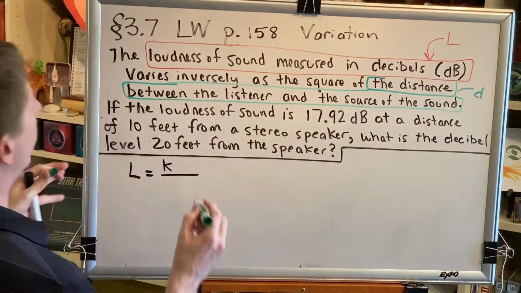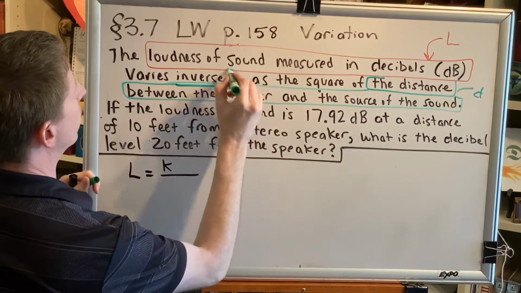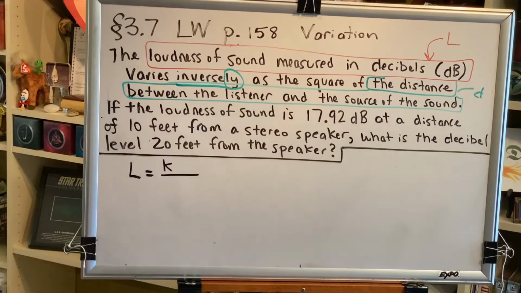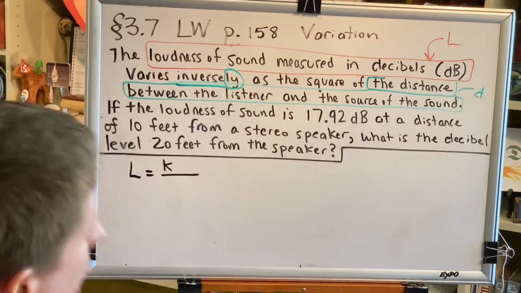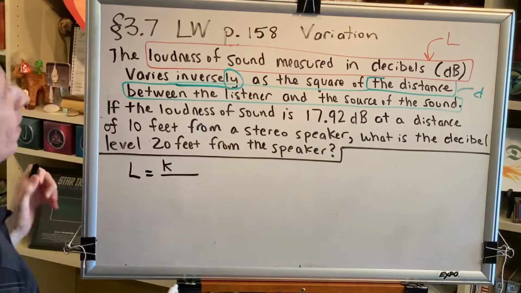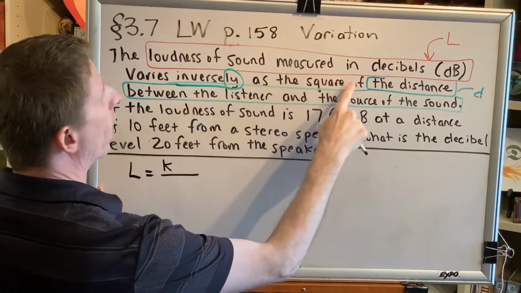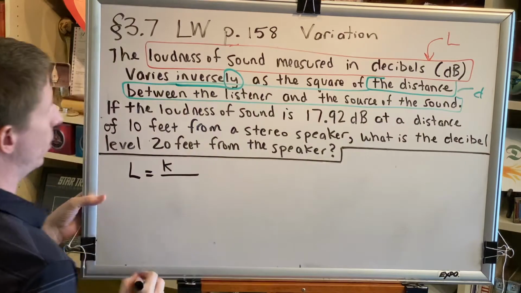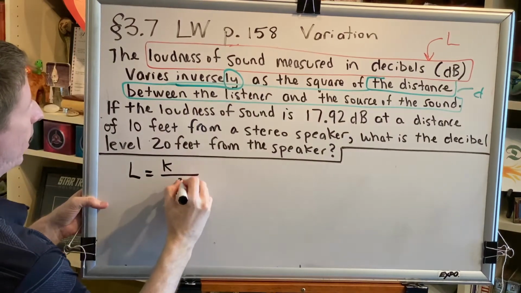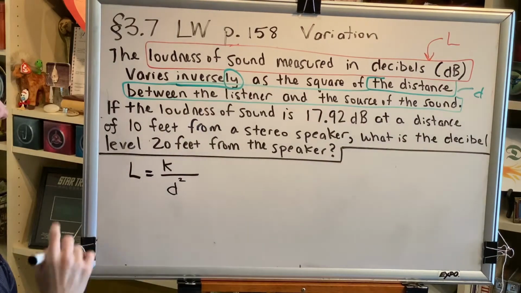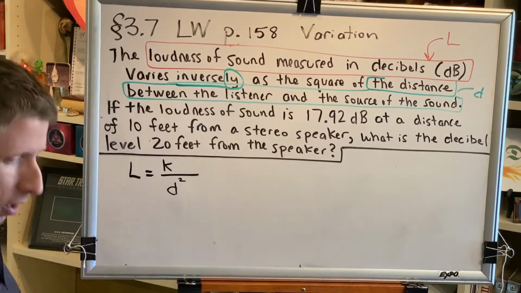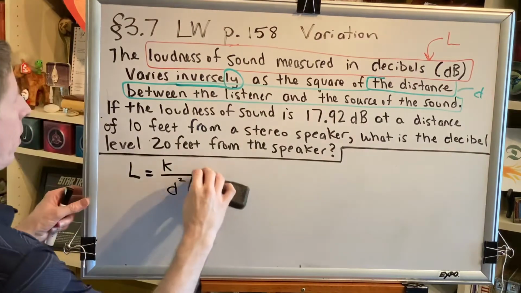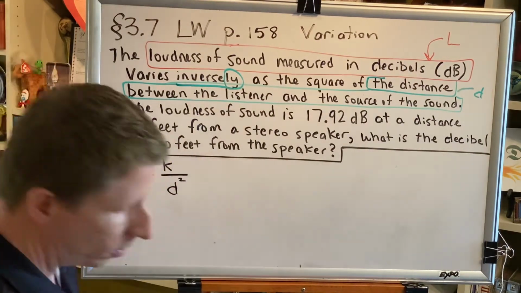Well, the ly word in this problem is inversely. Inversely means the stuff is going to go in the denominator, and the stuff is the square of D. So we put D to the second power, or D squared, in the denominator. Okay, this is our variation equation.